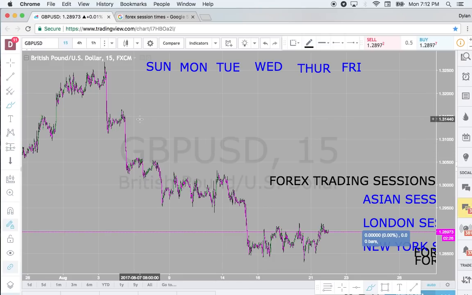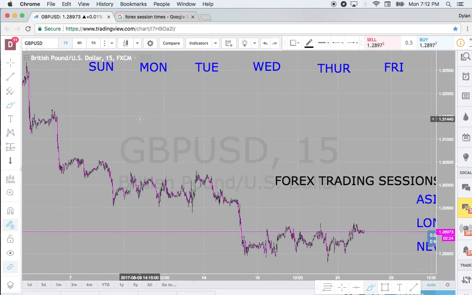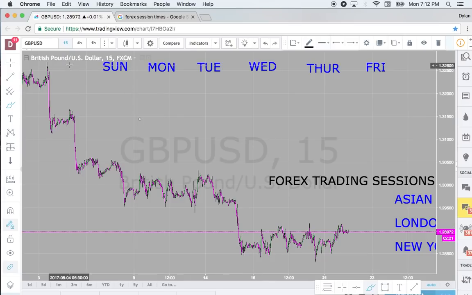Now, we all know the market starts on Sunday and then goes through Friday, right? So the market will start in the middle of Sunday and it will consolidate Asian session, and then it will swing in one direction and then consolidate until New York session.